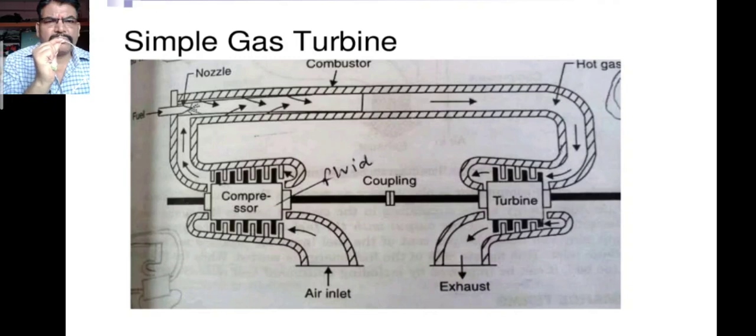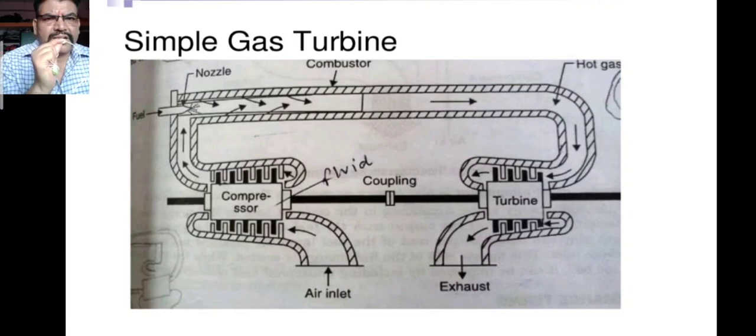When the fuel is provided into the combustion chamber, or sometimes also called combustor, the combustion takes place. It means the combustible material or hot gases go and fall on the blades of the turbine, so that the turbine rotates.